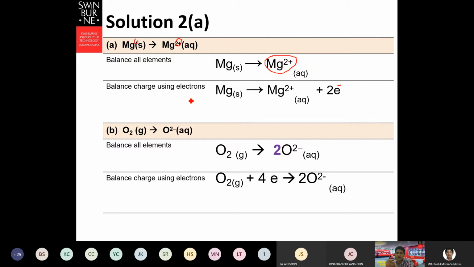So magnesium is oxidized. In the other half of the reaction, oxygen is taking up that electron and becomes reduced. But here there are two atoms of oxygen, and here there is only one atom of oxygen.